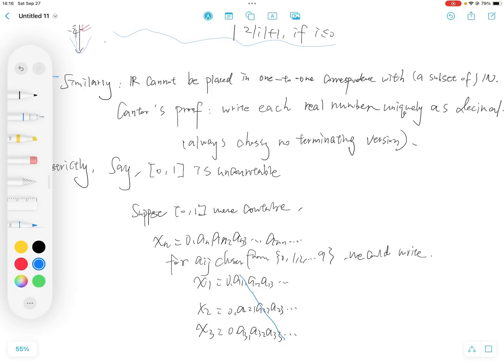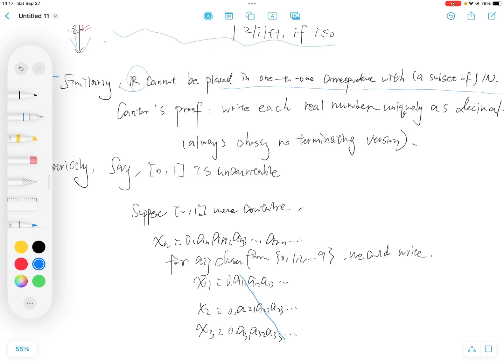Here, furthermore, another example is to show R cannot be placed in one-to-one correspondence with a subset of N. I want to show R, the whole real numbers, is not countable, it's uncountable. And this idea is from Cantor.